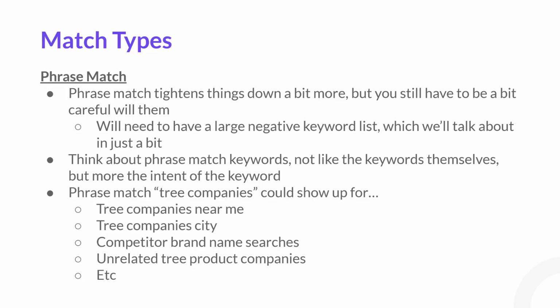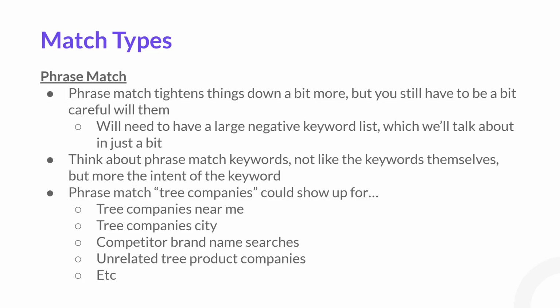So Google takes that suggestion very literally and could show for tree companies near me, but it could also literally show up for somebody searching for a separate branded tree service company or a product company or something like that.